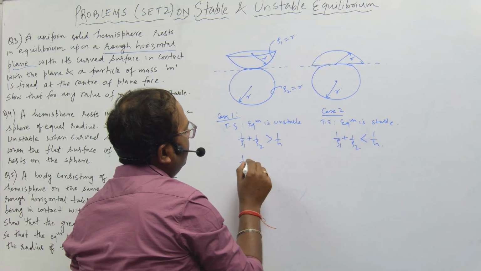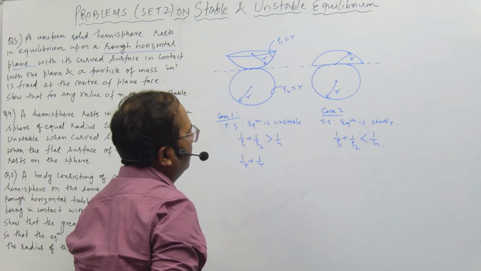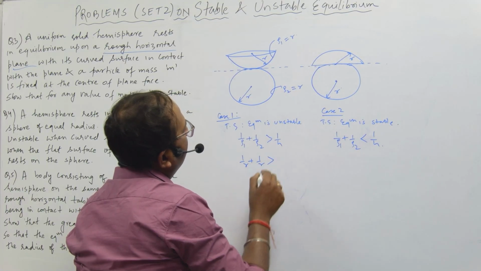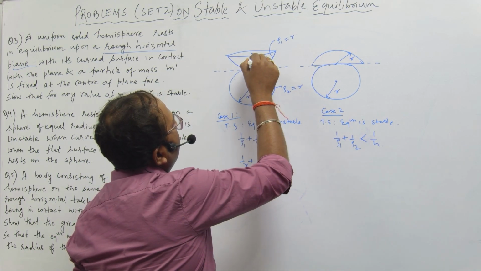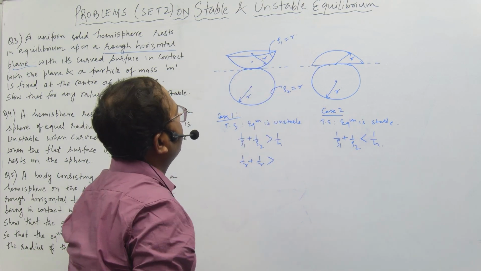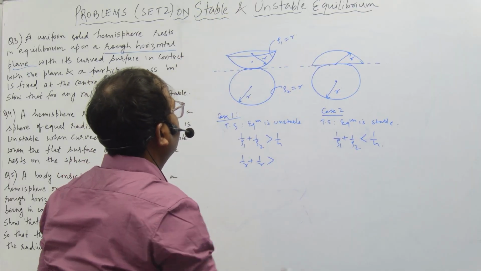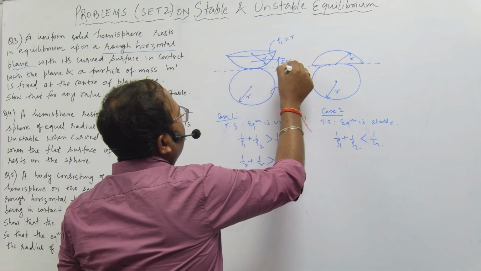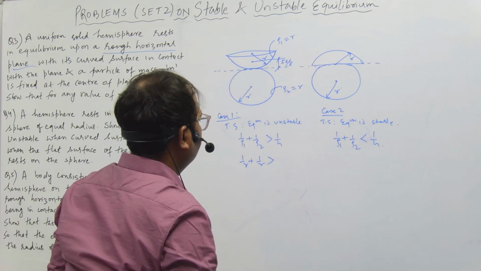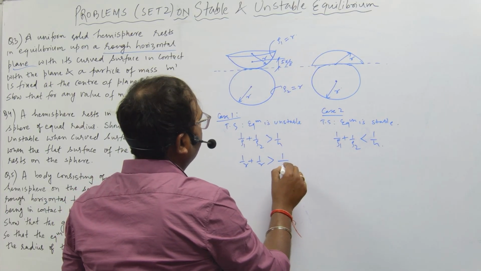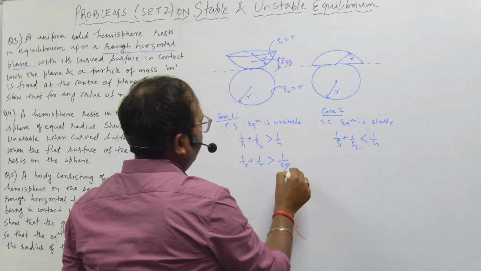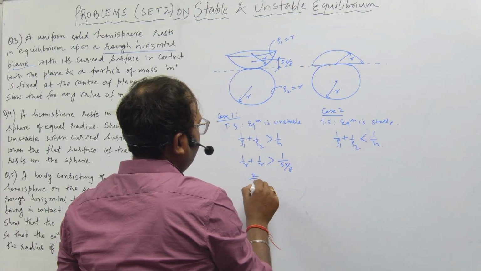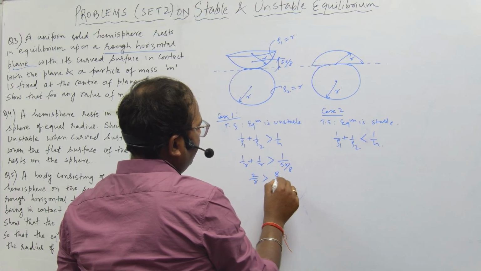So 1 upon r plus 1 upon r is greater than 1 upon h, and h is the height of the center of gravity of the hemisphere. This is an inverted hemisphere, so the center of gravity will be at a distance of 5r upon 8. So 2 upon r is greater than 8 upon 5r.